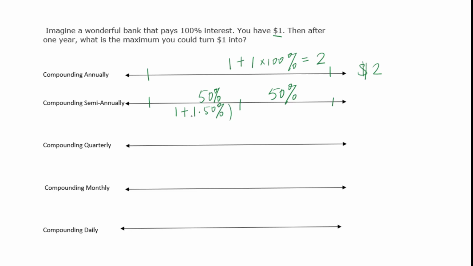All this money will be reinvested for the second half of the year. So the total money you will earn, you have to multiply by 1 plus 50%. Then I can write down $1 times 1 plus 50% squared. That equals $2.25.